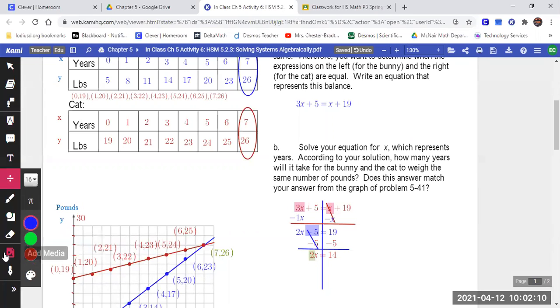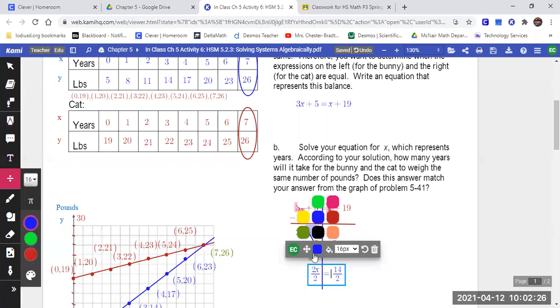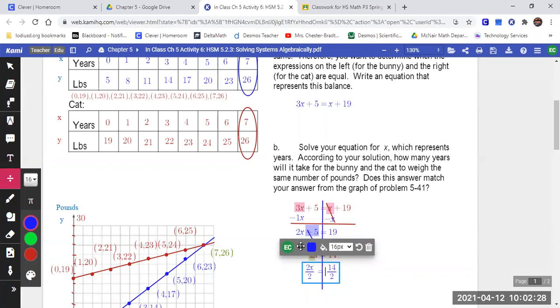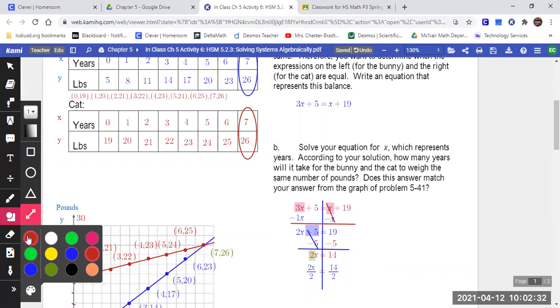Divide both sides by 2. So 2x divided by 2 has to equal the 14 divided by the 2, right? It should be super familiar. Okay. So what do we get?